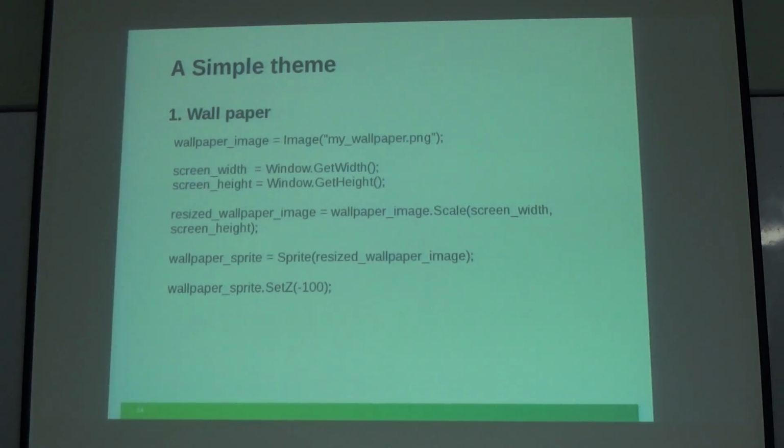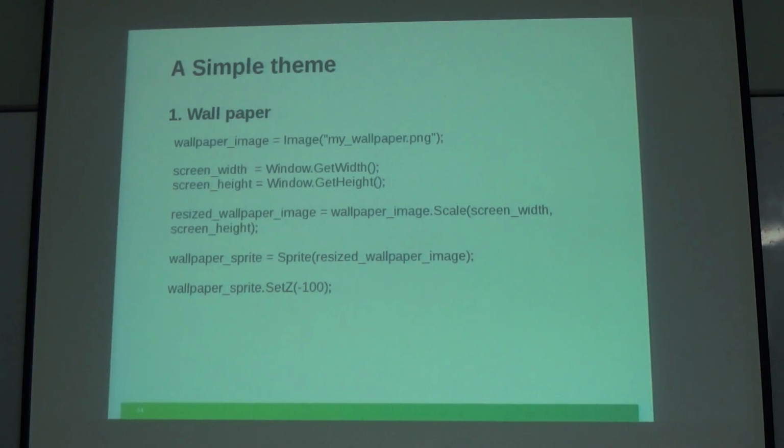First, we make an image. This name is wallpaper. I set it as the background of this scene. I use the image function to create a wallpaper image in this script.